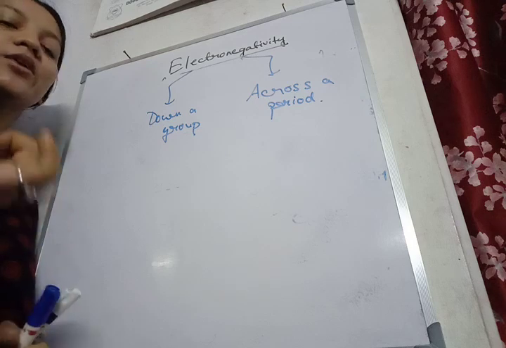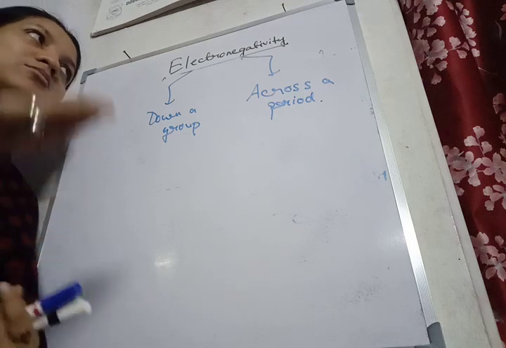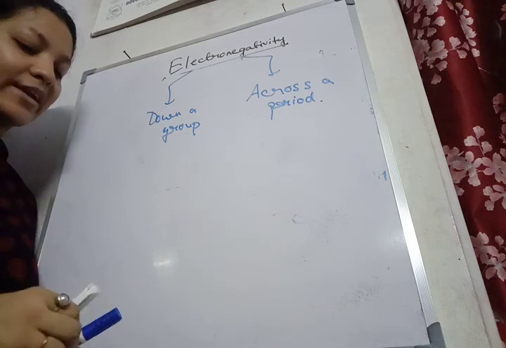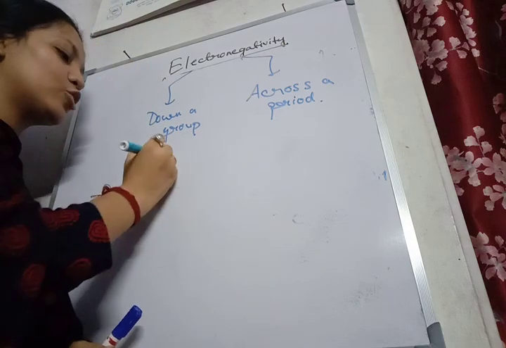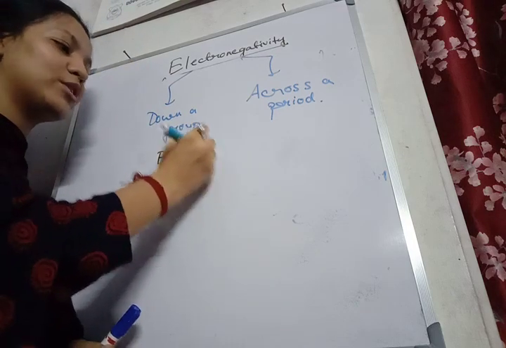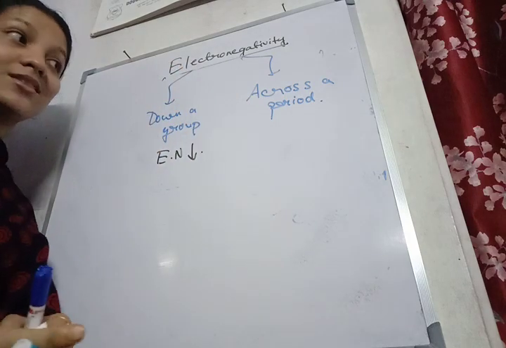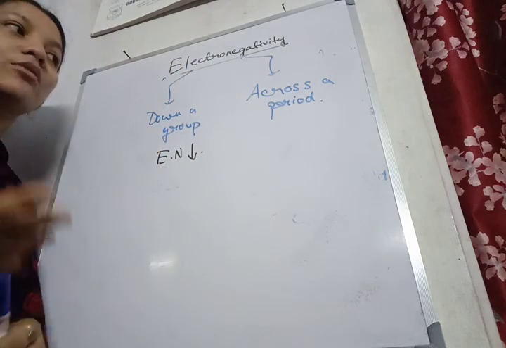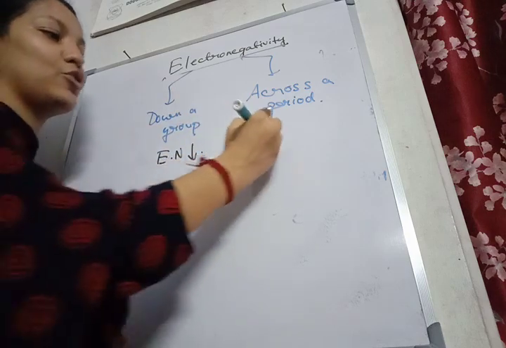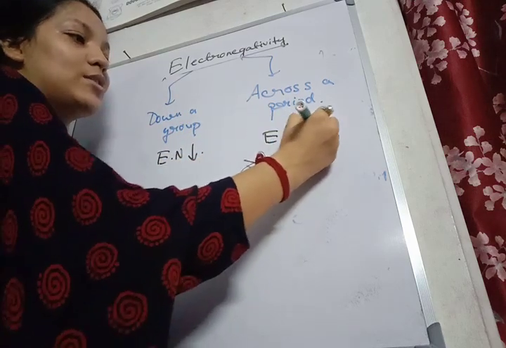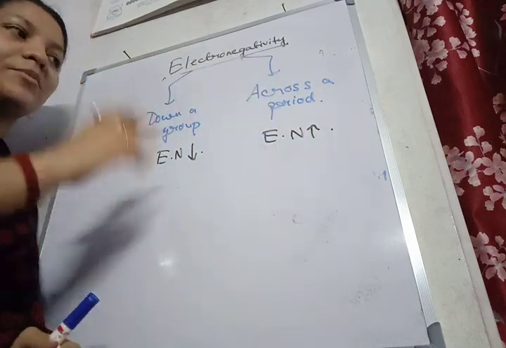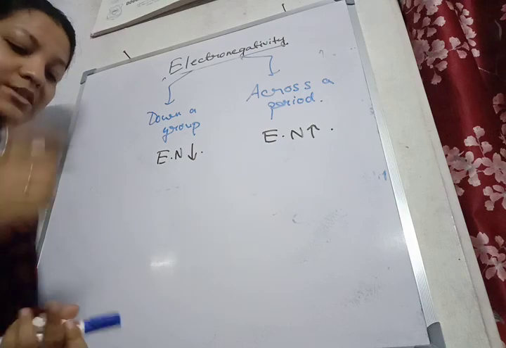So the nuclear attraction is lesser. As the attraction is lesser, electronegativity decreases. So down a group, electronegativity decreases. Across a period, atomic size decreases and nuclear charge increases, so the nuclear attraction increases. As a result, electronegativity increases. Right? So this is the periodic variation of electronegativity.